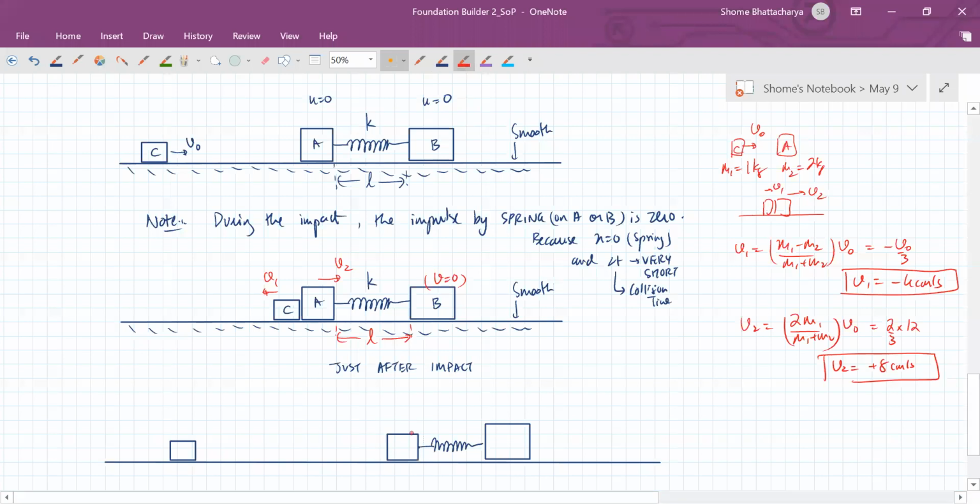But now let's say the spring has come to some compressed state. So it is applying tension. So at some point of time after collision, if we see, B's motion is accelerated. Okay. But A's motion is decelerated because of the spring force.